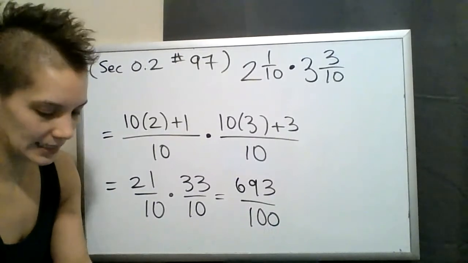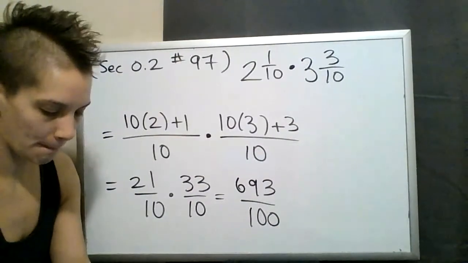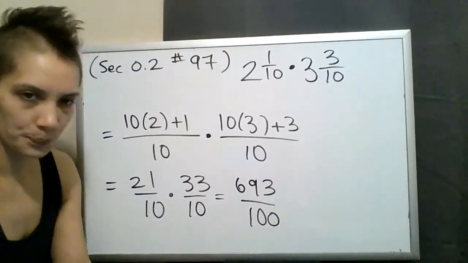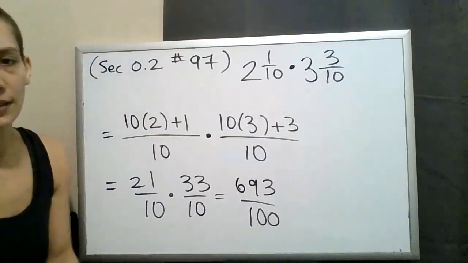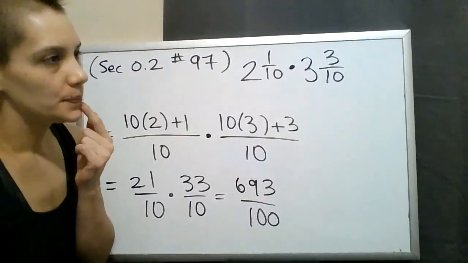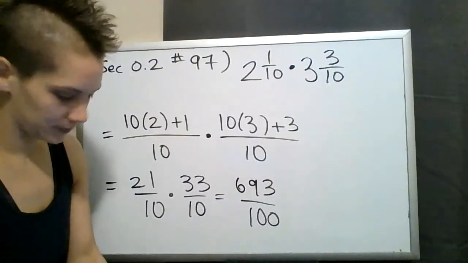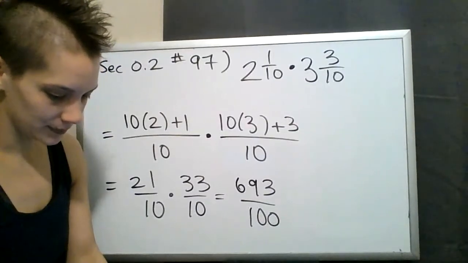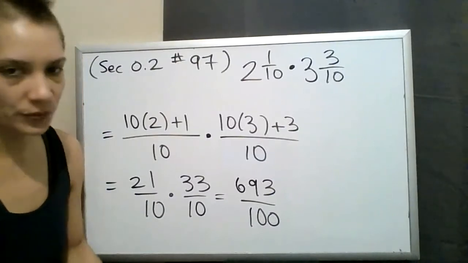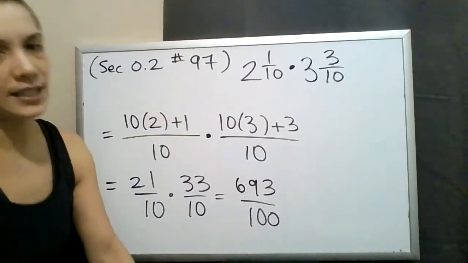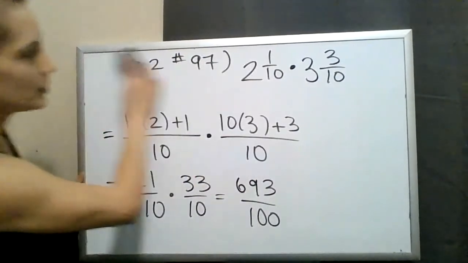So let's see. Is this fully simplified? Well, to double check that it is, we want to factor. So let's keep on working just to be sure that this is our final answer. Maybe do scratch work.